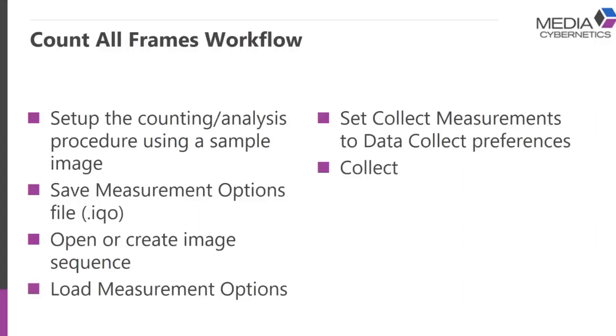There's also one in the image histogram, and there's a few others. But any place that we're actually generating data, we will have that count button. You'll see this live again as a reminder. From there, we'll set up the preferences about how you want to collect the data, and then we'll collect, and we'll go through and automatically analyze all of the images. So it's a way of doing batch processing in a slightly different way, but can really simplify it if you just have the image sequence, apply a count, generate the data.